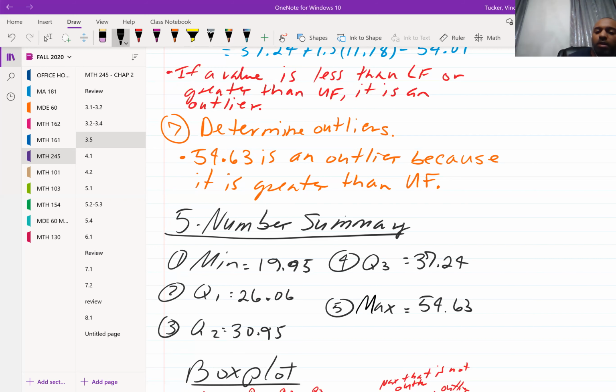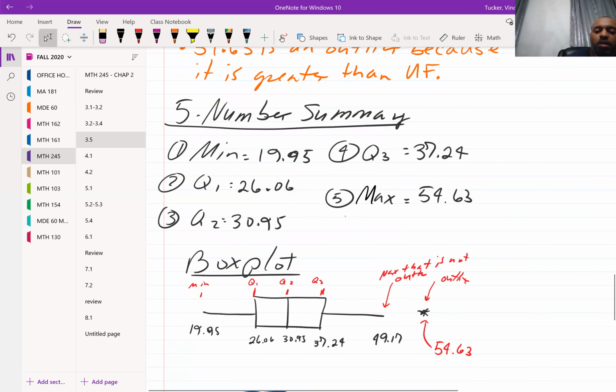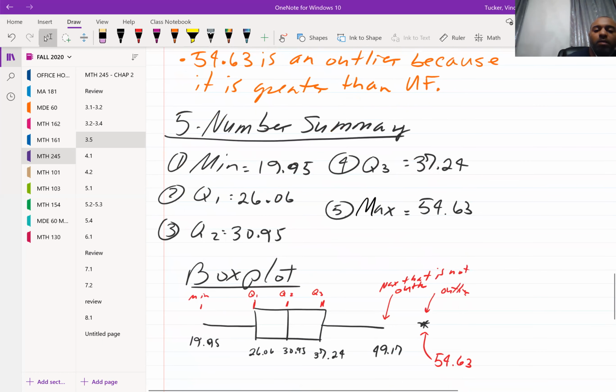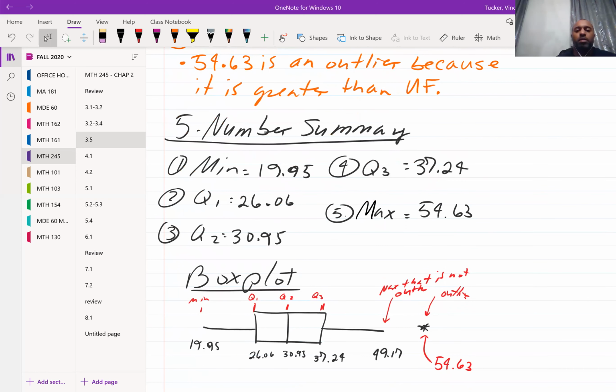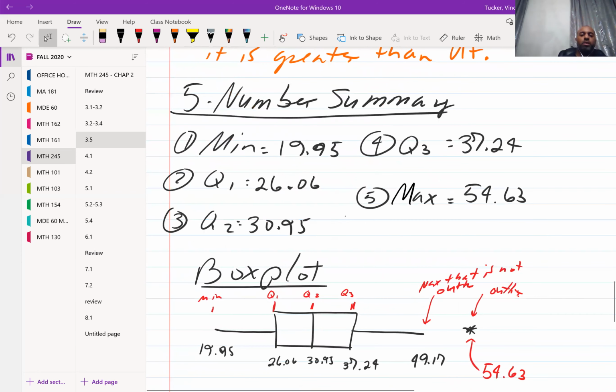All right. And from there, our box plot would look like that. So 19.95 is our minimum, Q1 is 26.06, Q2 in the middle is 30.95, Q3 is 37.24.